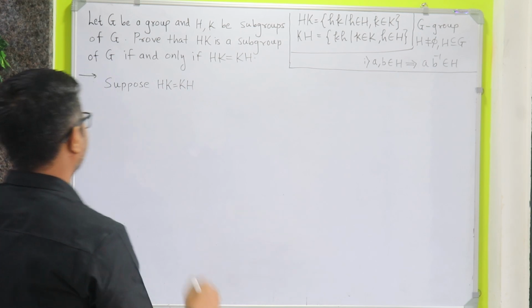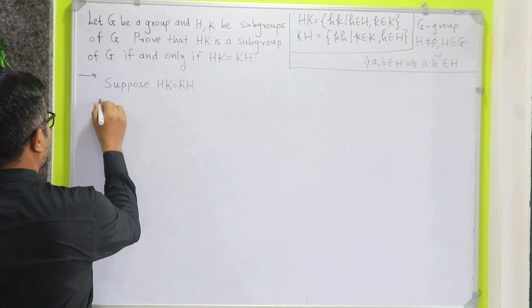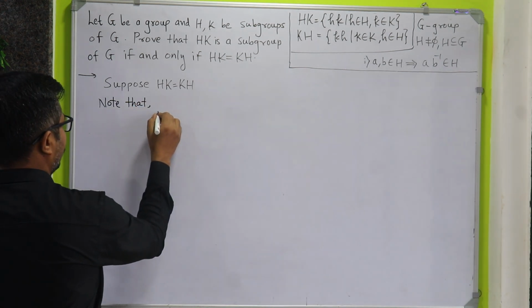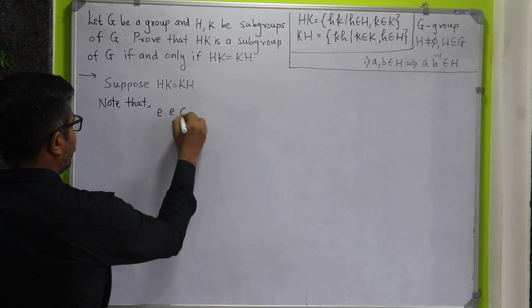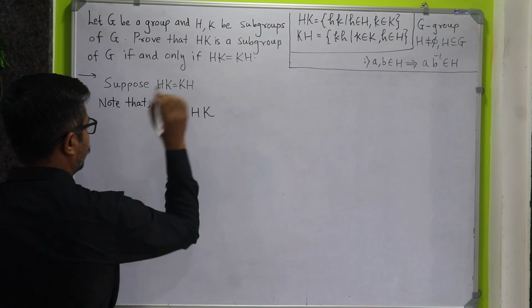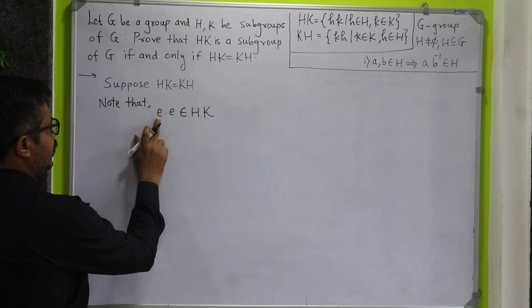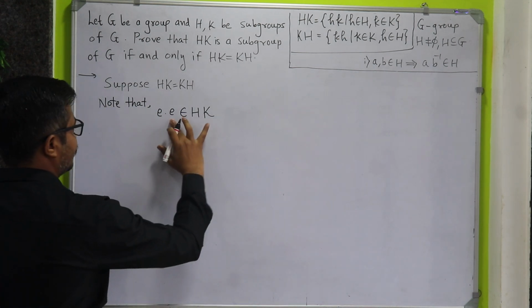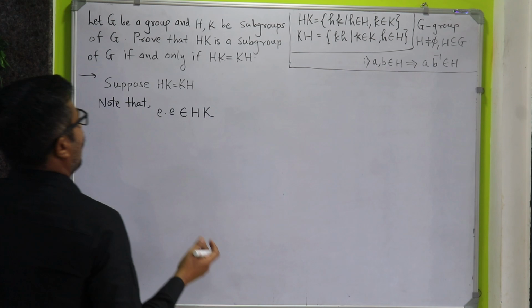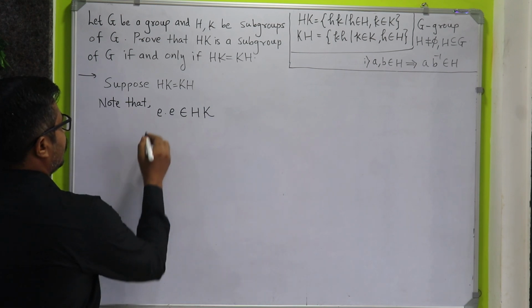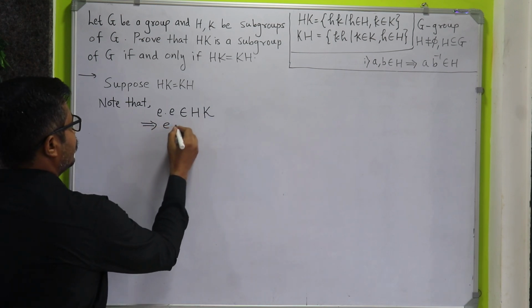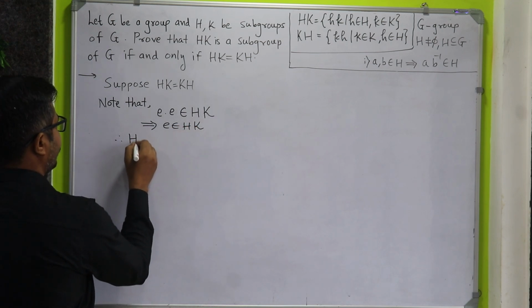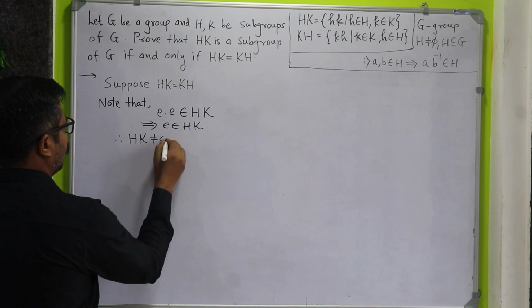So what we will say, note that e times e is an element of HK. This first e represents an element of H and the second e represents an element of K. But as we know, e times e is nothing but e only, so this implies e belongs to HK, and therefore HK is non-empty.